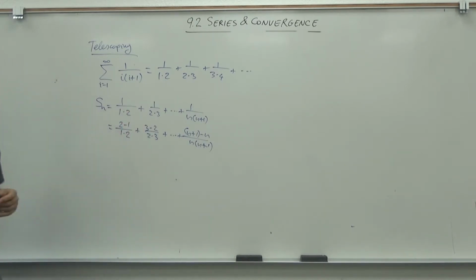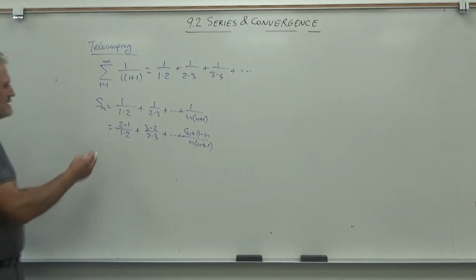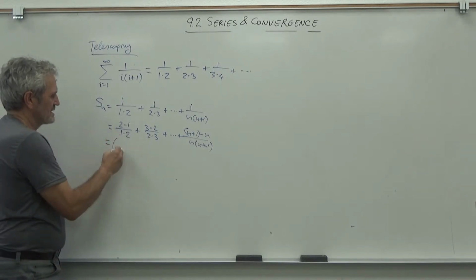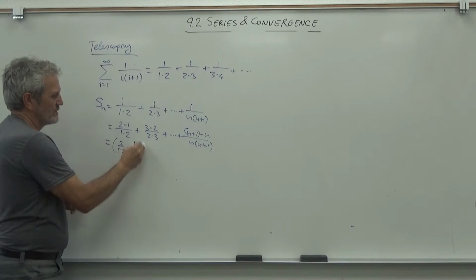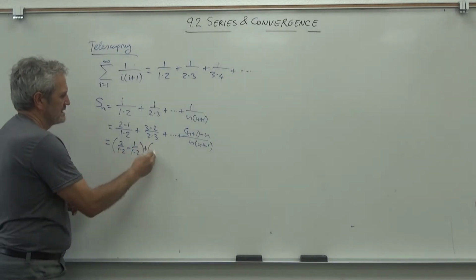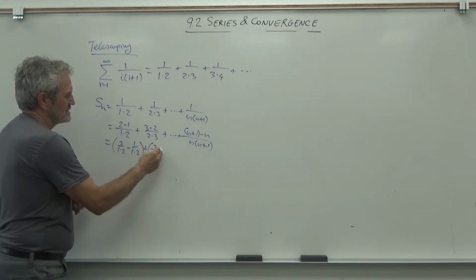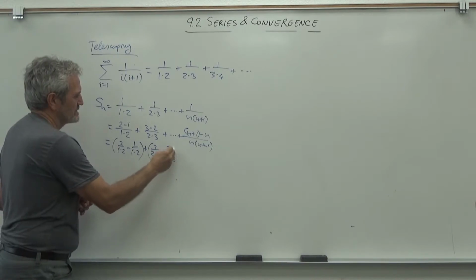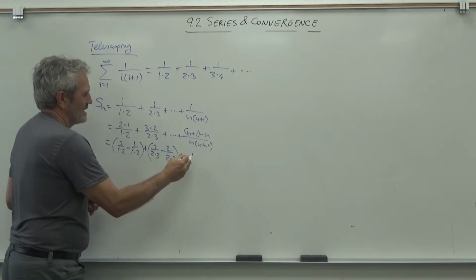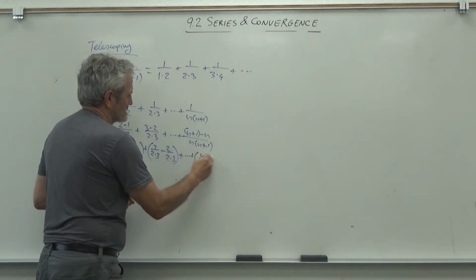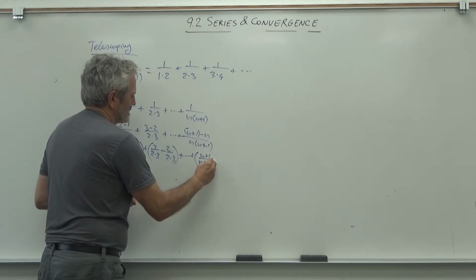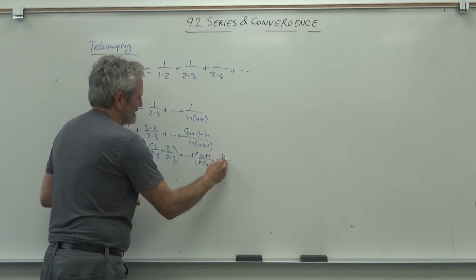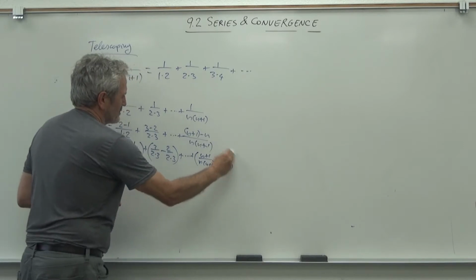So this idea can be varied a little bit, and then what happened? First couple is 2 over 1 times 2 minus 1 over 1 times 2 plus, here is 3 over 2 times 3 minus 2 over 2 times 3, and plus n plus 1 over n times n plus 1 minus n over n times n plus 1.